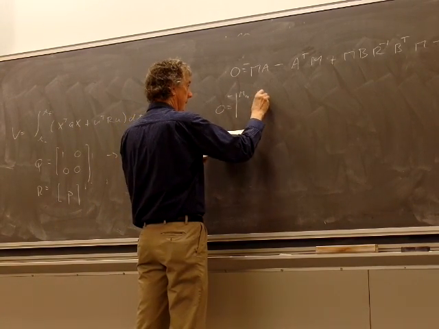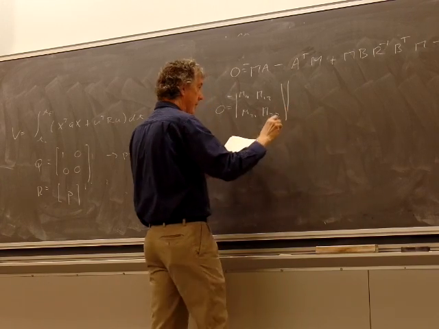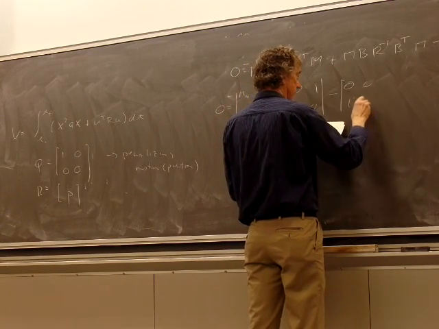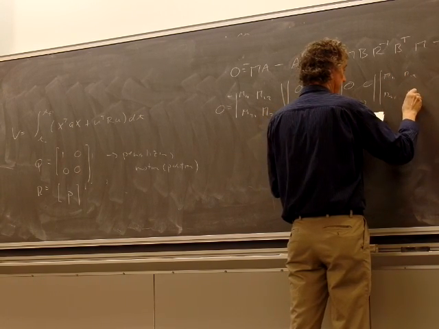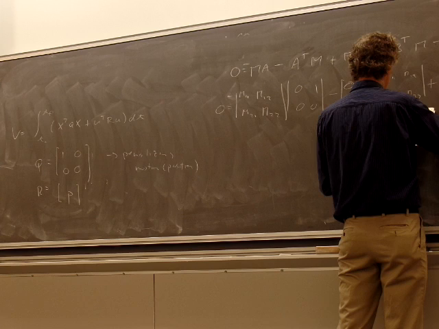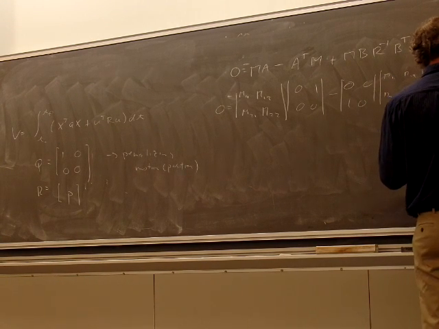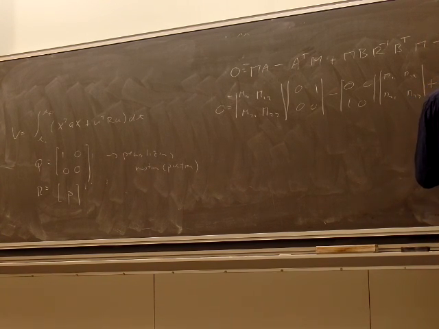Minus sign here, times your A matrix, minus the transpose of the A matrix, times, plus, R inverse is equal to P. B transpose is 0, 1.